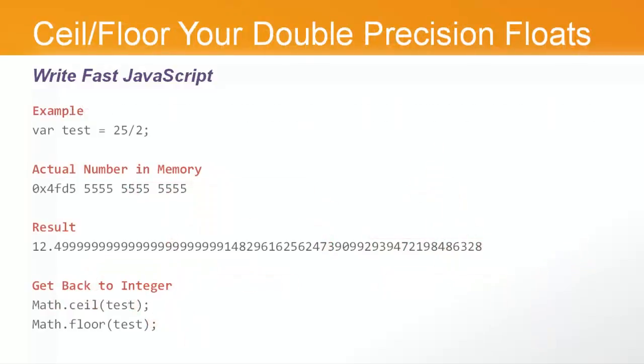Also, try to use ceil and floor for your double precision floats as much as you can, especially for animations, because when you have something like this, right? When you're testing some value and then using that value for an animation, the browser is actually going to use 12.49999, whatever the number is, as part of your animation.